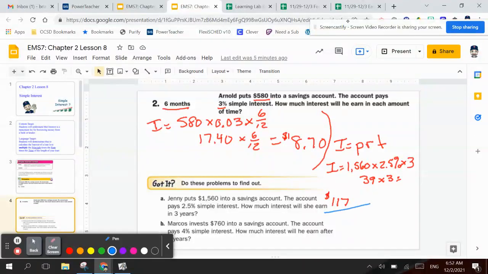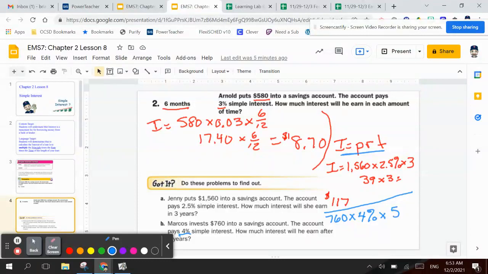So I rewrite it as my formula here. Interest equals principal, $760, times the rate, which is 4%, times the number of years, which is 5.